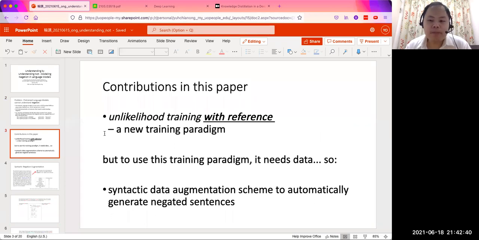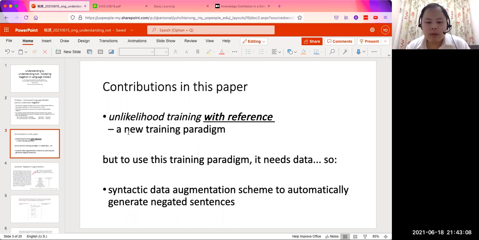The contributions in this paper are in 2 aspects. First, unlikelihood training with reference. I need to emphasize "with reference" because this is not the first time unlikelihood training has been used, but it's a new training paradigm for this particular task. However, to leverage its benefits, there's a need for data.